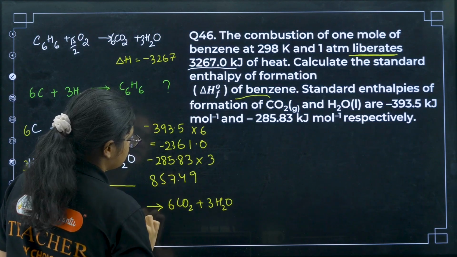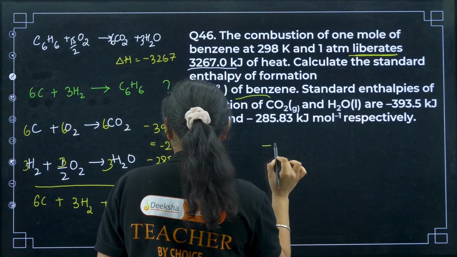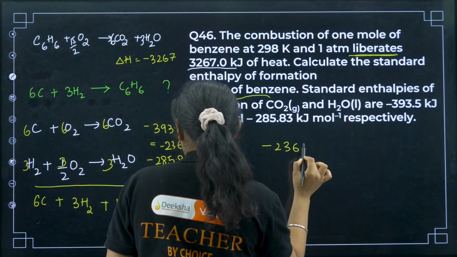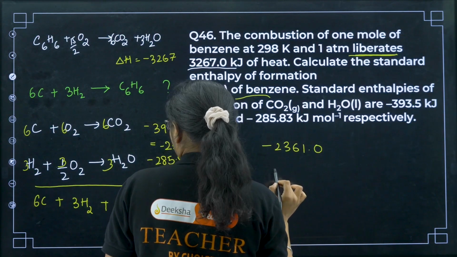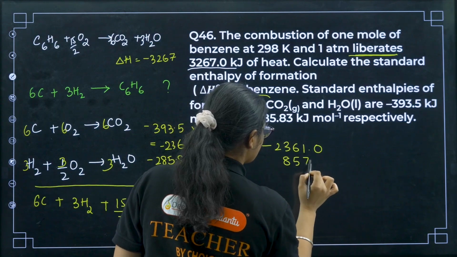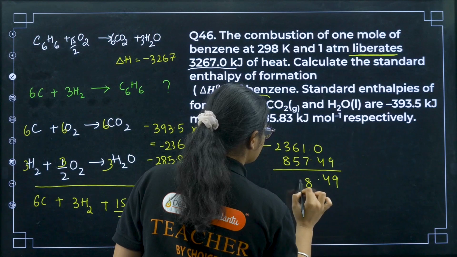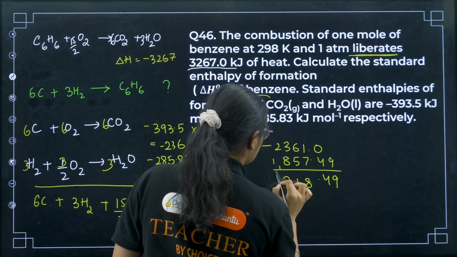This is the value I'm getting. Now I'll add these two equations. So it is minus 2361.0, then I have another, 857.49. So I'll get 4923.